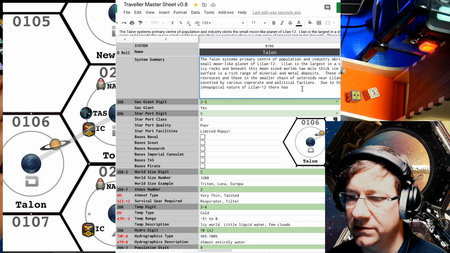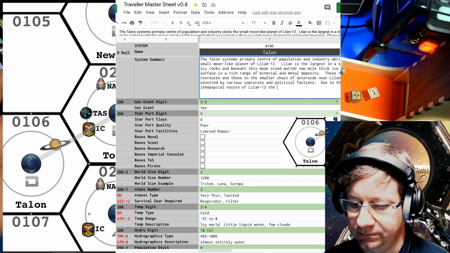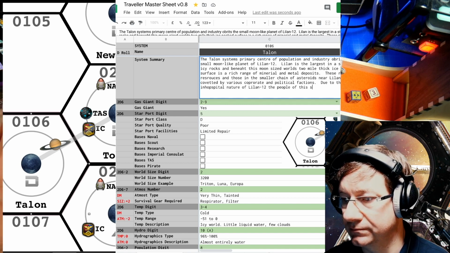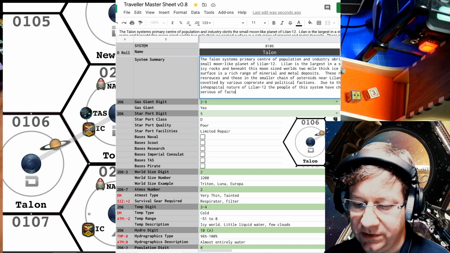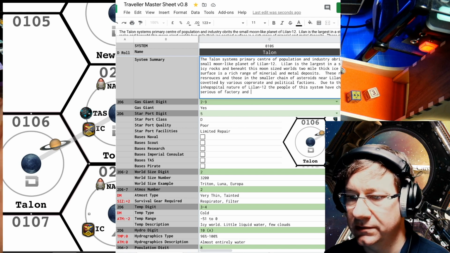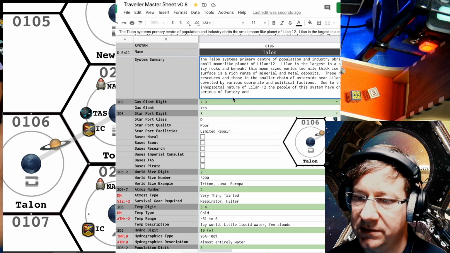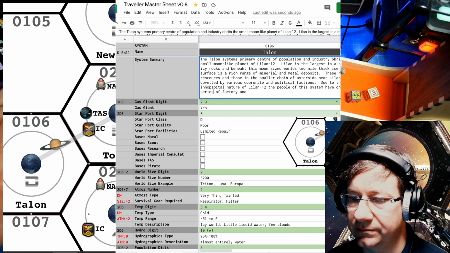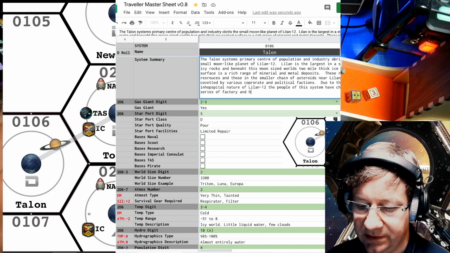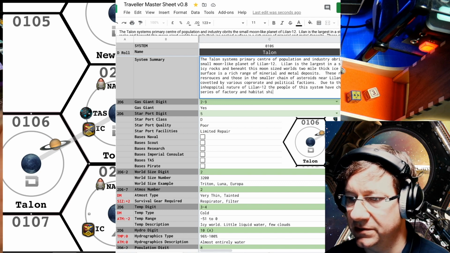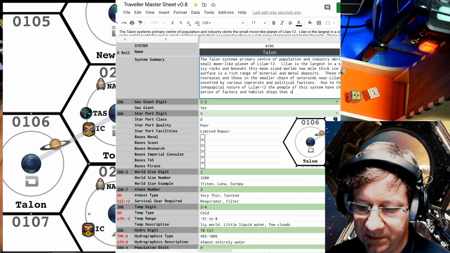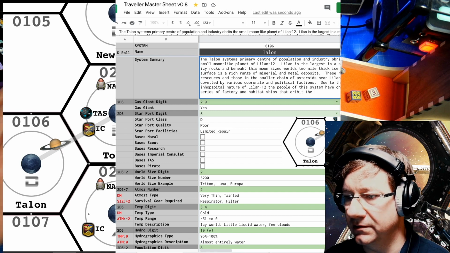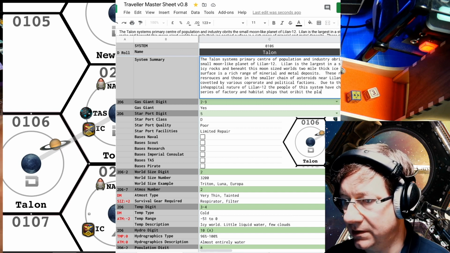So due to the inhospitable nature of Lylan 12, the people of this system have chained a series of factory and habitat ships that orbit the planet.